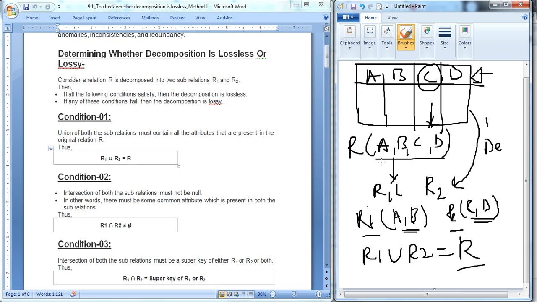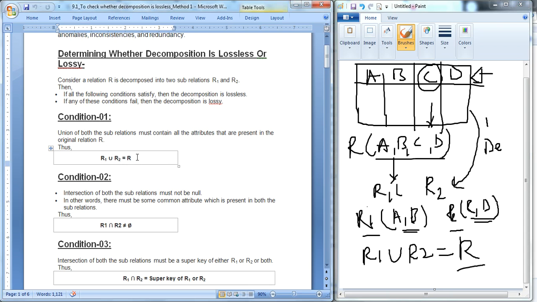That is the first condition. If it is not true, then we can say that information is lost at the time of decomposition.